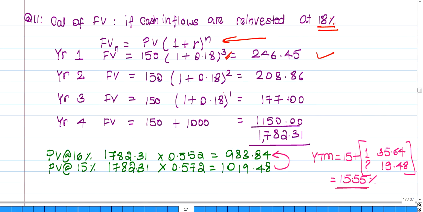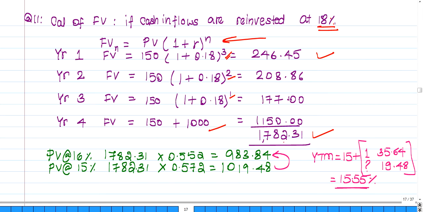So 3 more years, 2 more years, 1 more year. At the end of the year you will receive 150, plus this is a refund of your principal amount. So this will be 1782.31.